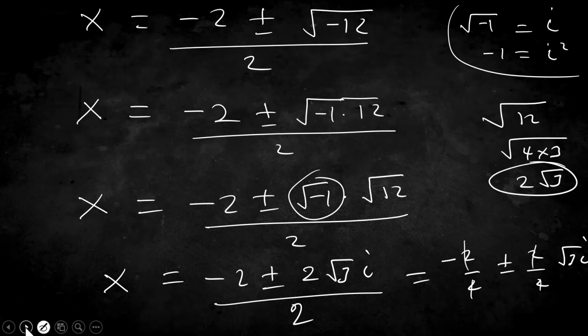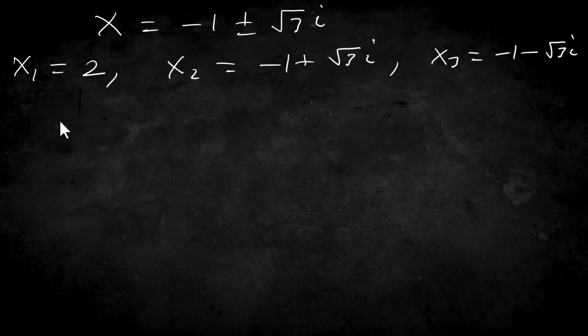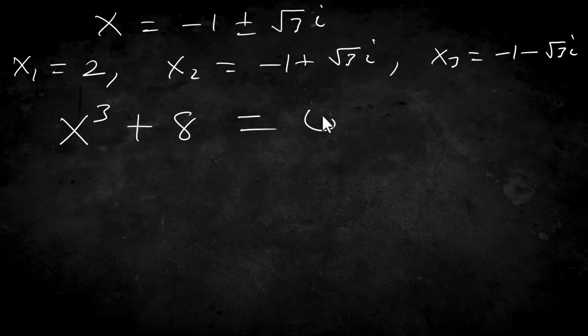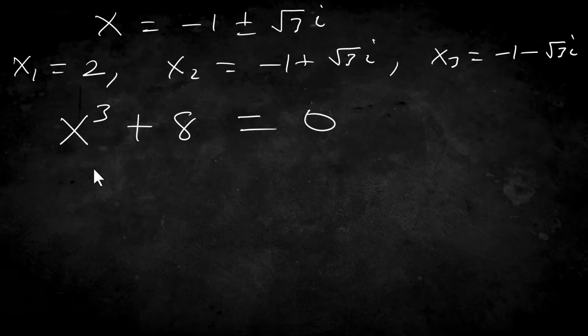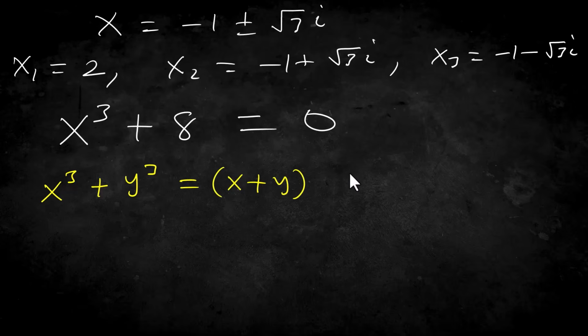So the next one is x cubed plus 8 equals 0. From here, x cubed plus y cubed is the same as (x plus y)(x squared minus the product of x and y plus y squared).